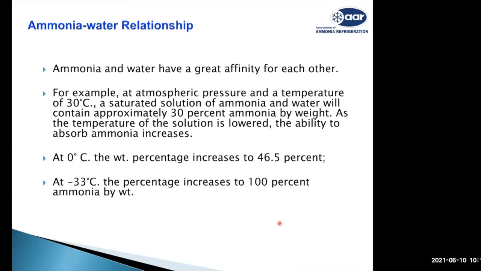At minus 33 degree, 100% ammonia mixing into the water is there. So you remember the first slide which I showed you about the purity of ammonia required. We need 99.95% pure ammonia to get the desired temperatures.